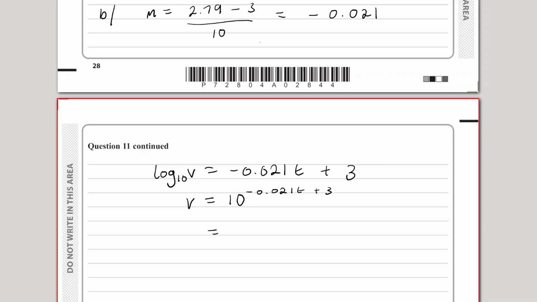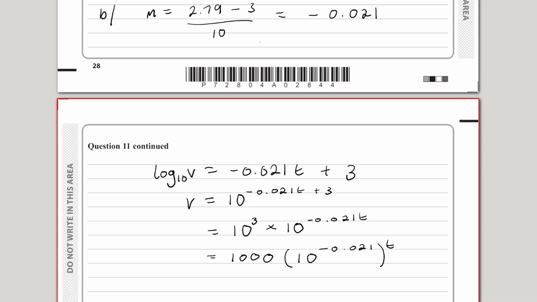And I can split this up. So when we've added the powers, that means we've multiplied two indices. So 10 cubed times 10 to the power of minus 0.021t. So 1,000 times 10 to the power of minus 0.021, to the power of t.